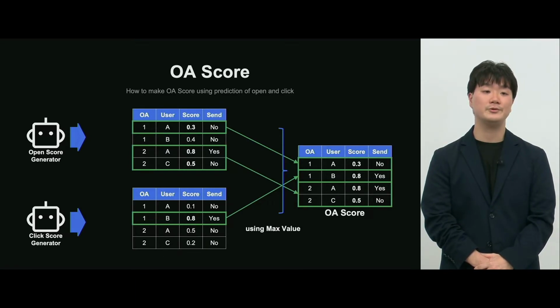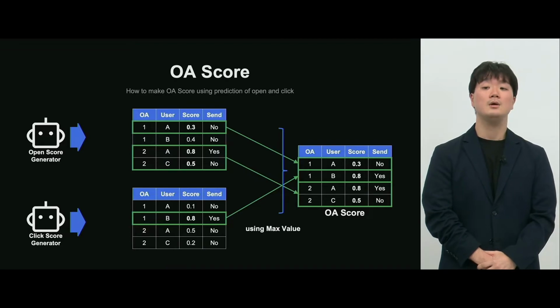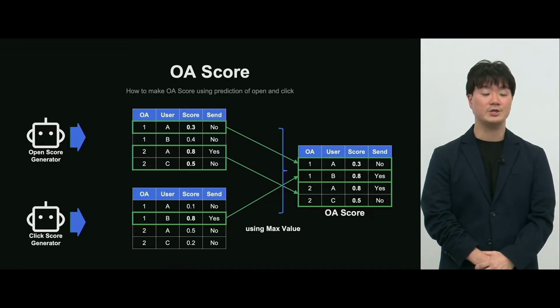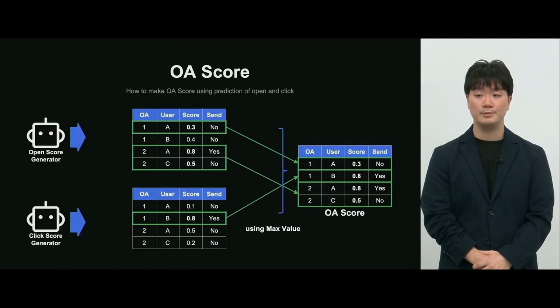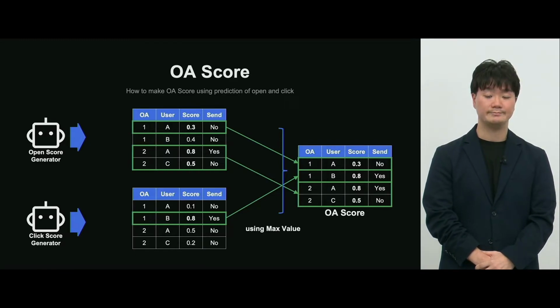The OS score is a combination of a predicted open value and a predicted click value, as shown here. The combination itself is very simple, as you see here. For each user, the value of the opening prediction, and the larger the value, the prediction was treated as the OS score.